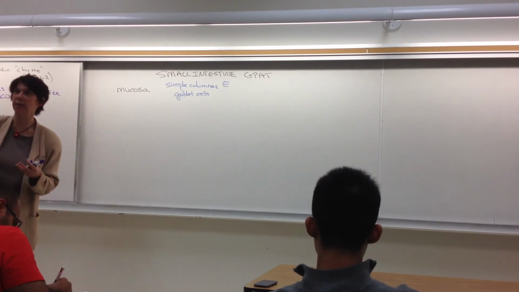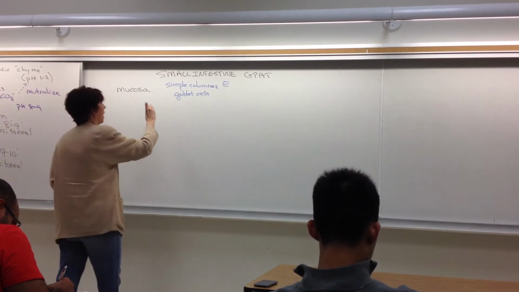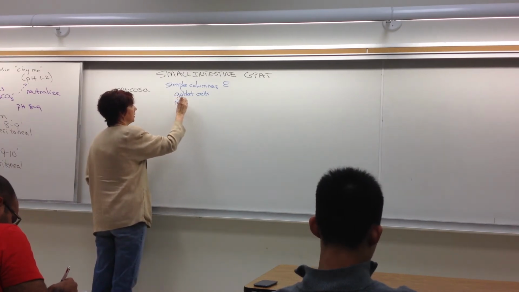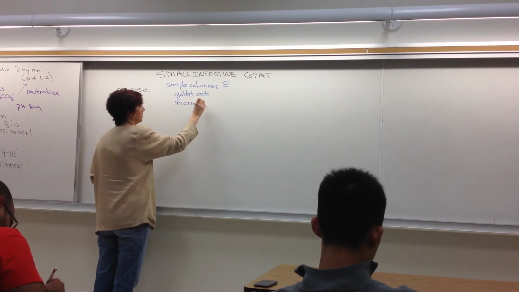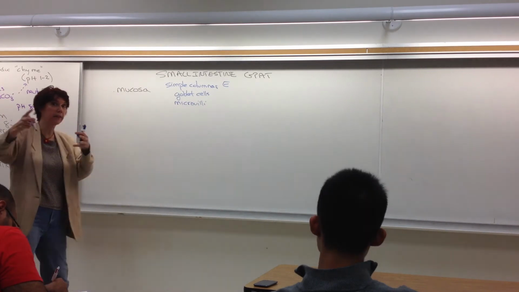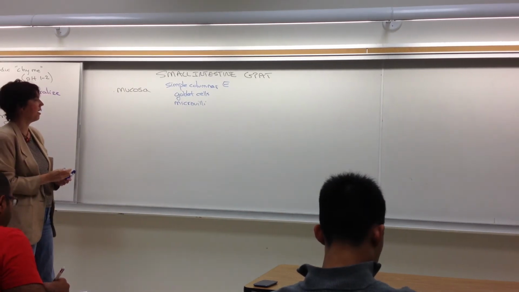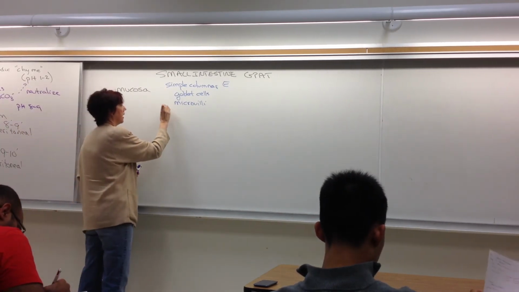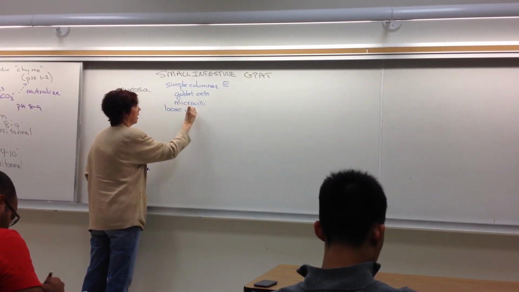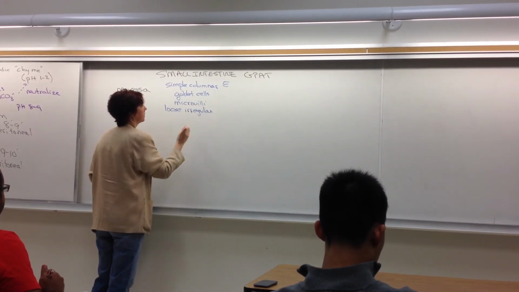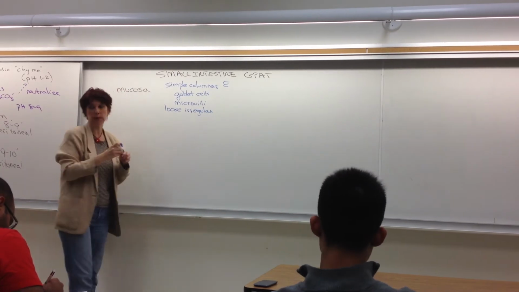We don't have cilia, we have microvilli. Increased surface area. In fact, we'll talk about 3 different sets of folding that increases surface area. We have our loose, irregular connective tissue, our lamina propria, and we have our muscularis mucosa.